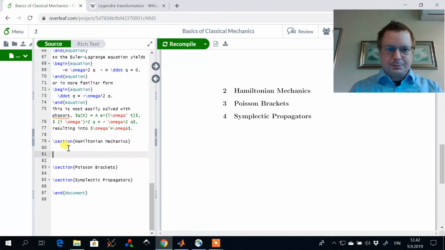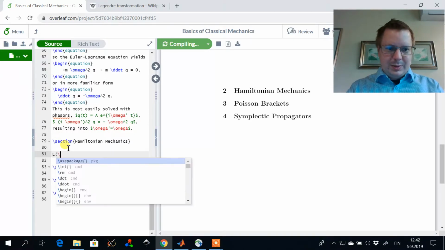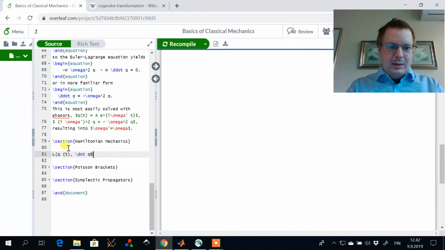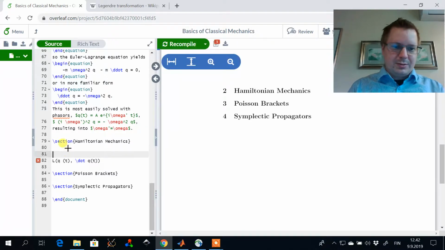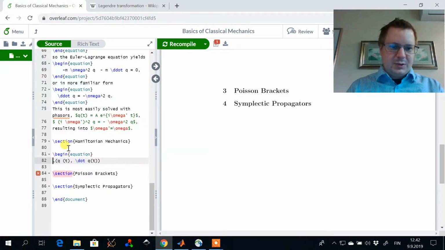So we start by looking at the L, which depends on q and the time derivative of q. And then we look into doing a transformation to this. It's called the Legendre transformation.